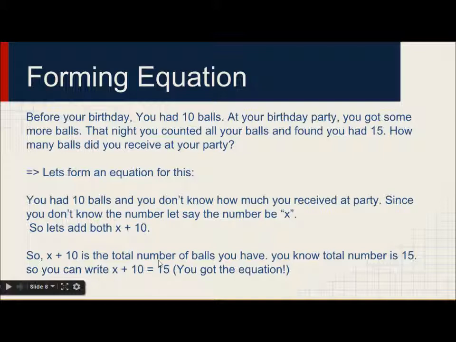Now you will be able to figure out how many balls you got at your birthday party. Then you take this 10 to the other side, which makes 15 minus 10 equal to 5. That means you got 5 balls at your birthday party. So this is how you can form an equation and find the unknown.